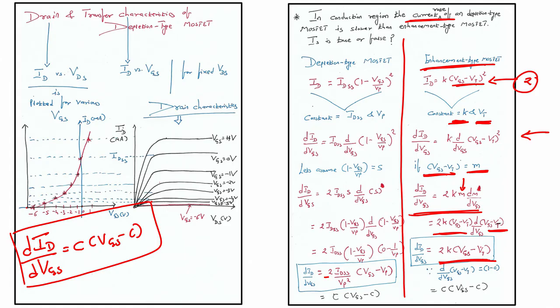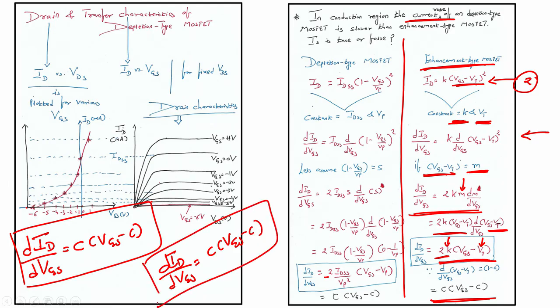So, what remains is constant into (VGS minus VT), because K is constant, 2 is constant, and VT is constant. So, I have dID by dVGS equals C times VGS minus C. This is what I have derived.